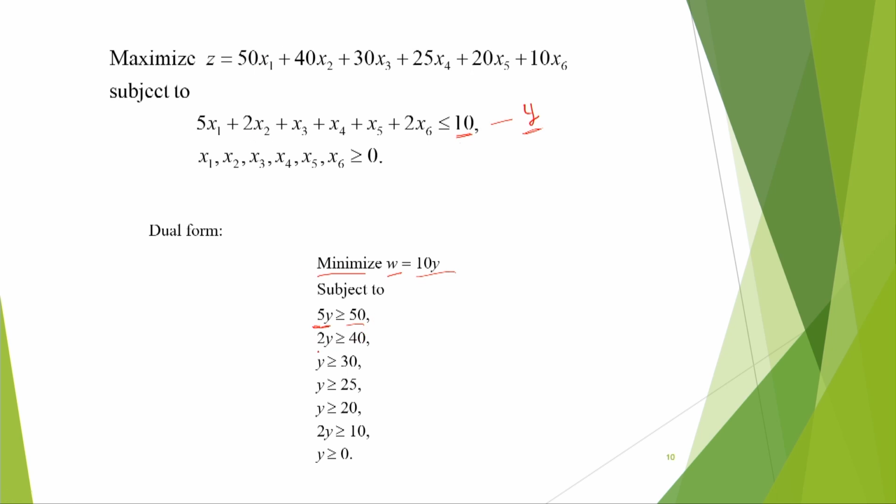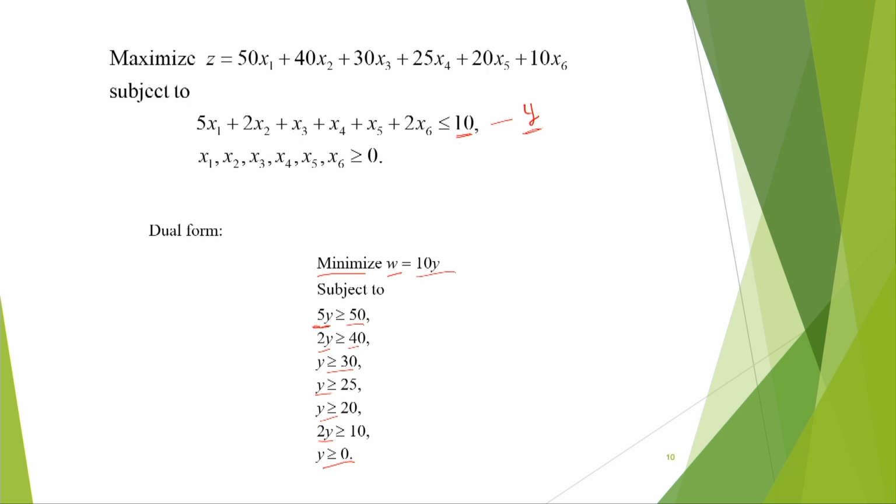Then 2y greater or equal to 40, then y greater or equal to 30, y greater or equal to 25, y greater or equal to 20, 2y greater or equal to 10, and then y greater or equal to 0. You just have to remember that it is like that.